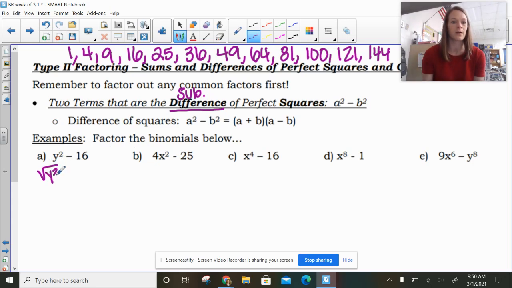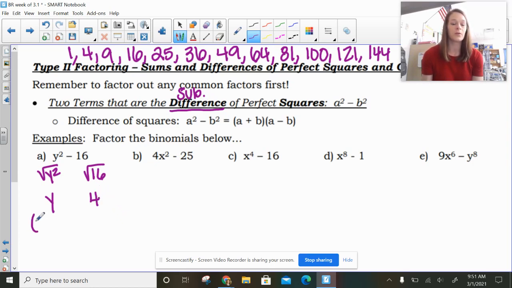So I take the square root of y squared and the square root of 16. When you take the square root of variables, you just take half of the exponent. So if I take half of 2, that's just 1. So the square root of y squared is y, and the square root of 16 is 4.